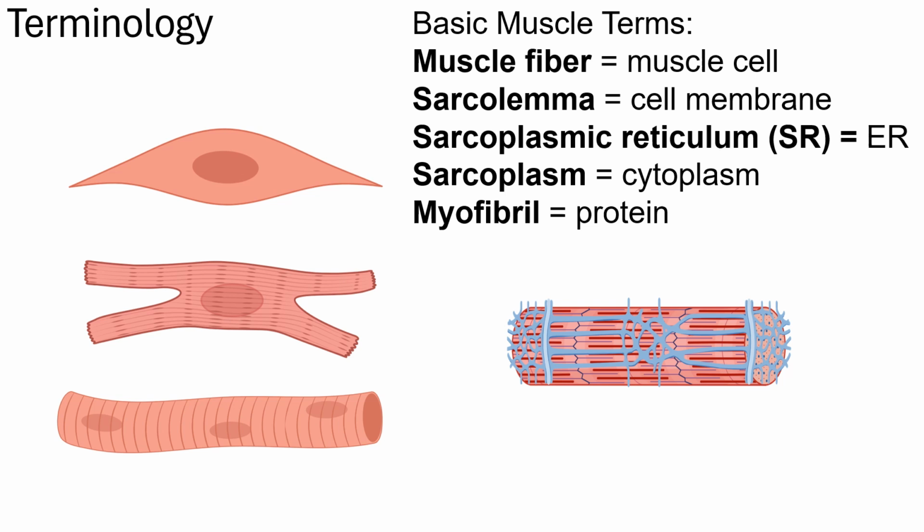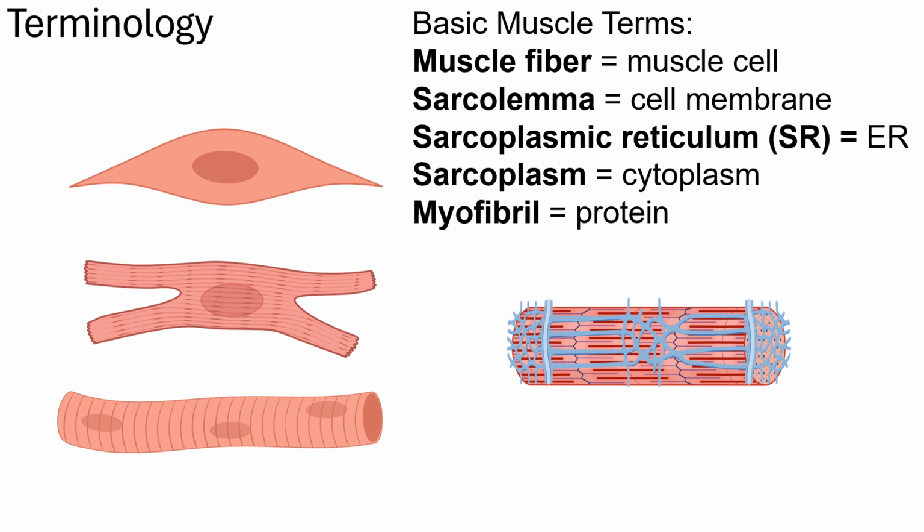Unfortunately, the myofibril is cylinder-shaped just like an entire muscle fiber is cylinder-shaped. And this can lead to a lot of misunderstanding and frustration with diagrams. Always, always, always ask yourself if you are looking at a muscle fiber, which is pictured at left with multiple nuclei and striations, or if you're looking at a myofibril, which is pictured on the right with actin and myosin proteins visible, and the sarcoplasmic reticulum, that blue web-like structure, covering it.